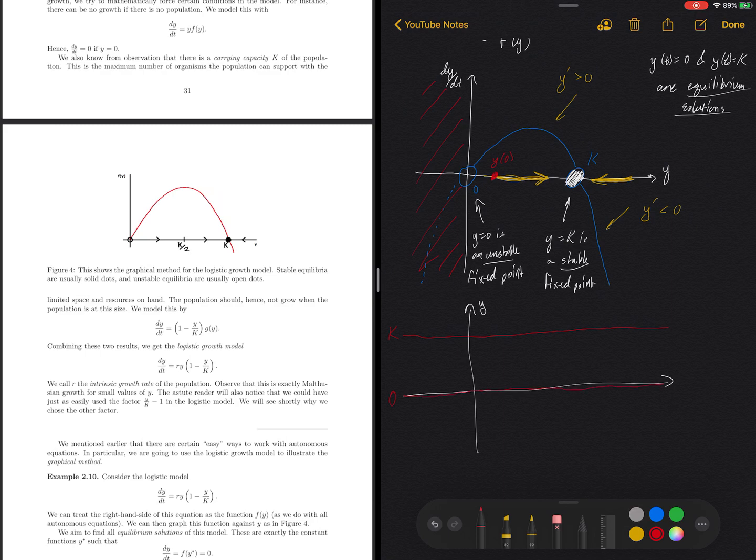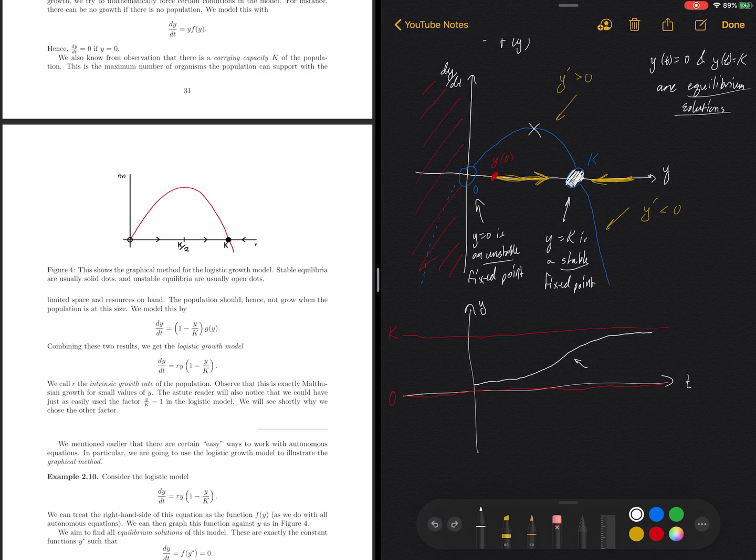So if I were to plot that, let me see if I can remake that diagram. Here's the k, and here's the 0. And I would say y versus t would be my solution functions. That means that I'm starting near 0 and then going toward k, where the largest increase in slope occurs in between 0 and k.